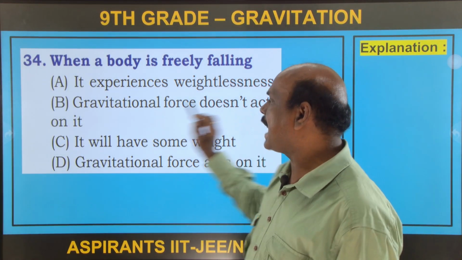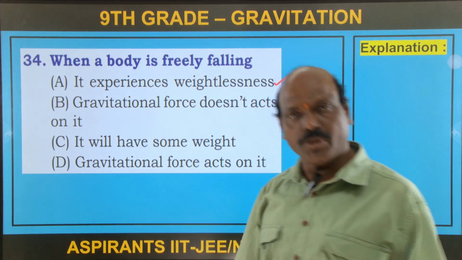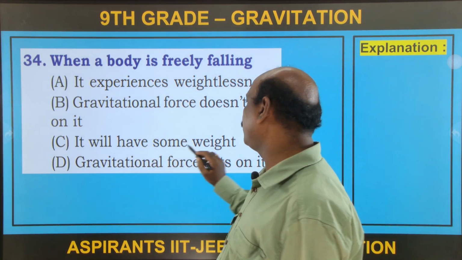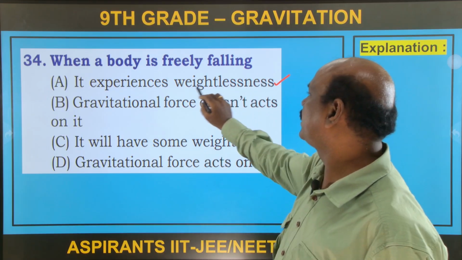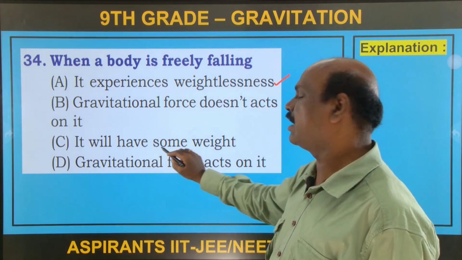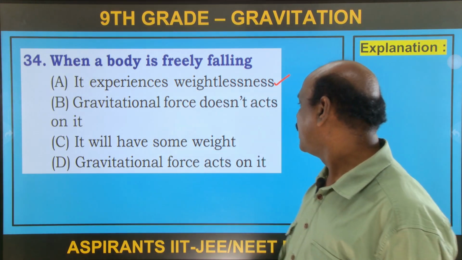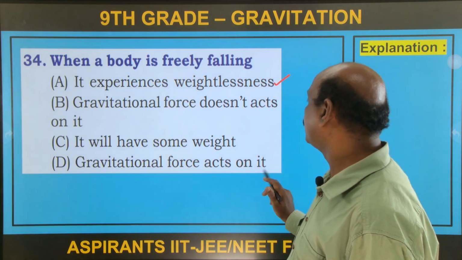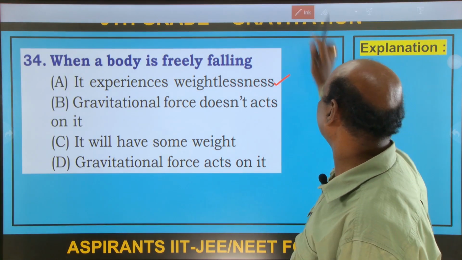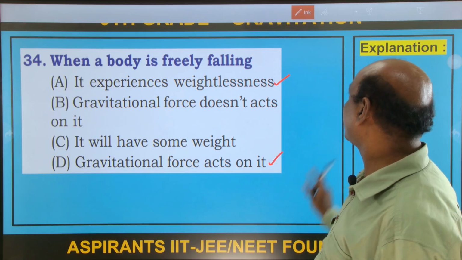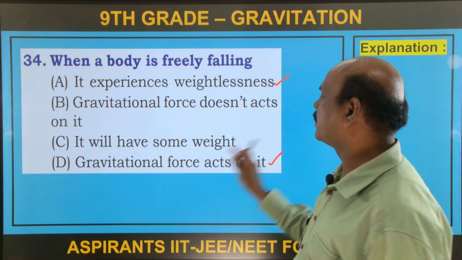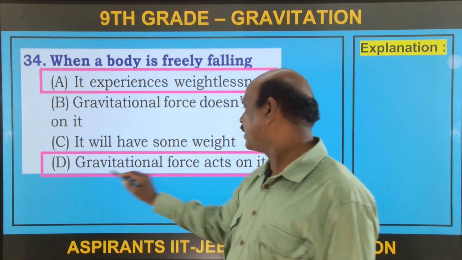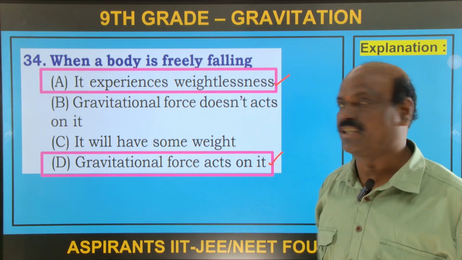Gravitational force does not act on it. It is wrong, because due to the gravitational force only it is moving down. Gravitational force acts on it. So both these statements are taken into consideration. So let us see what the options are. So it experiences weightlessness and gravitational force acts on it.